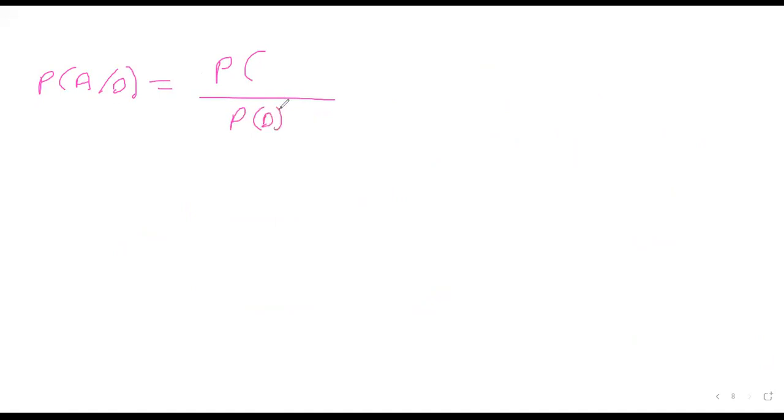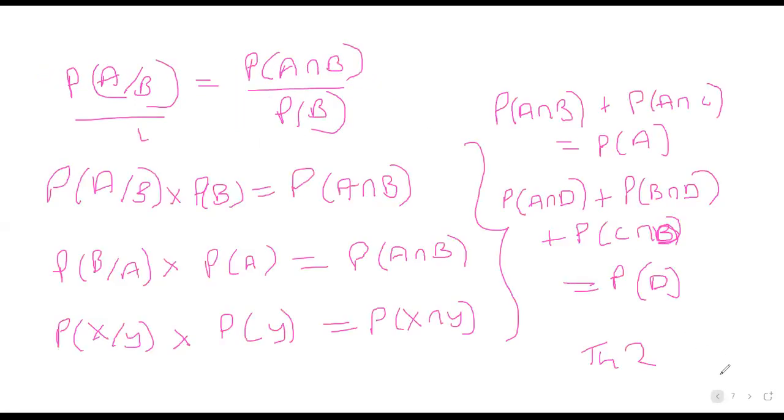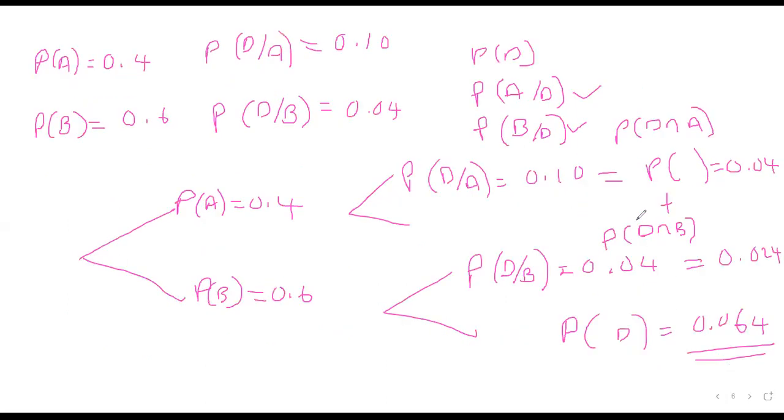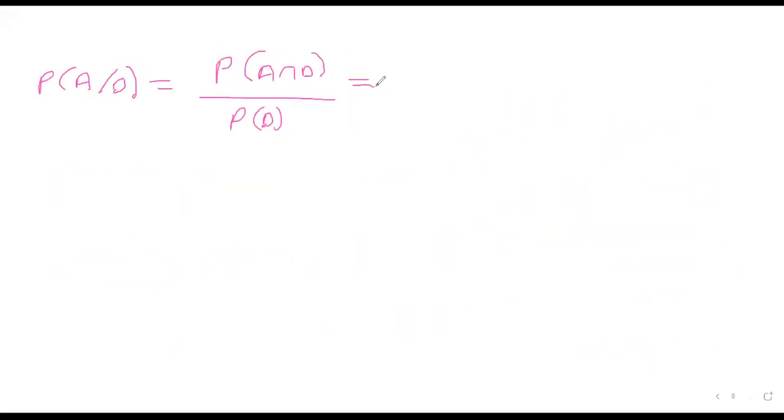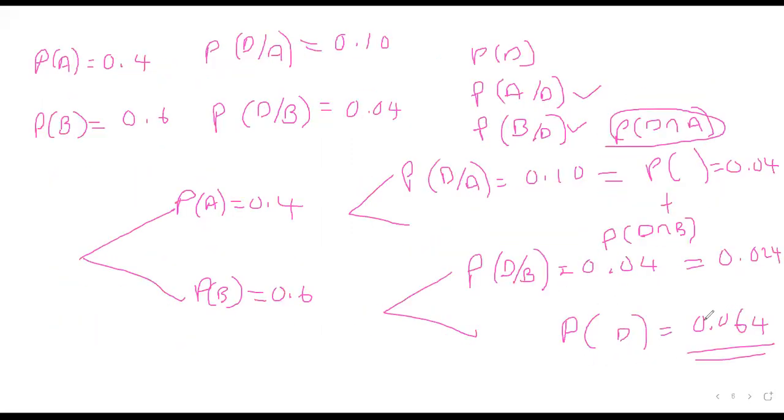D. And on top we're going to have the intersection of A and D. Do we have A intersection D somewhere here? Yes, the same as B intersection A. What did we have? 0.04. So put 0.04. And probability of D was 0.064.